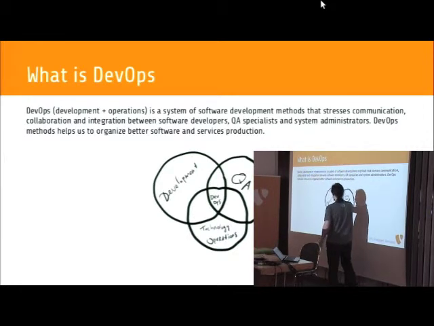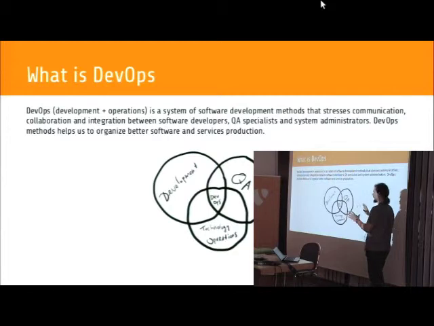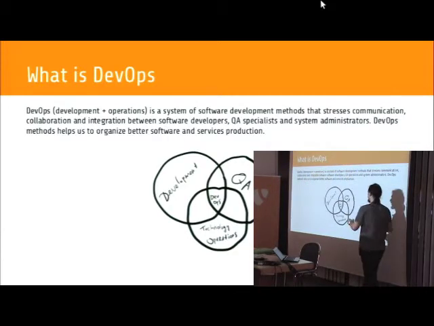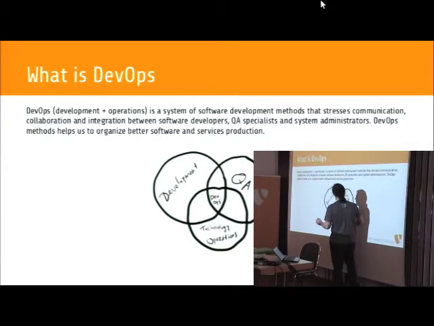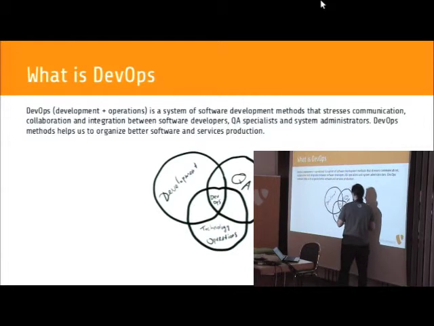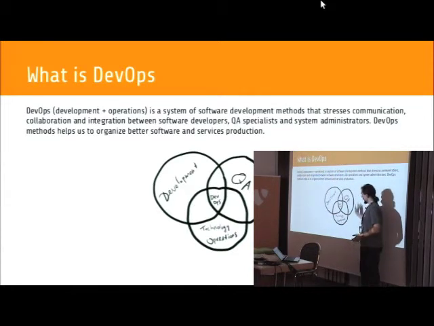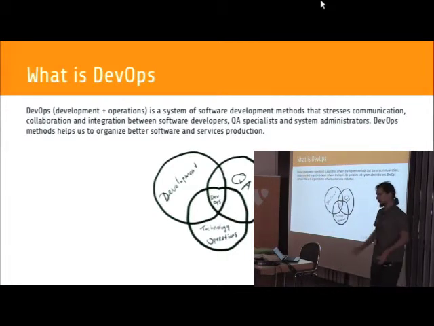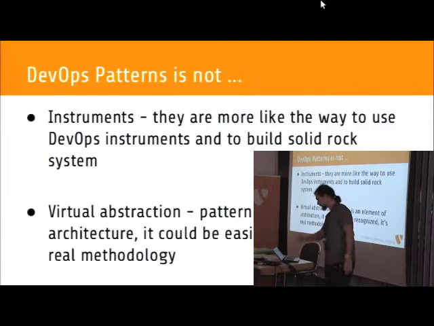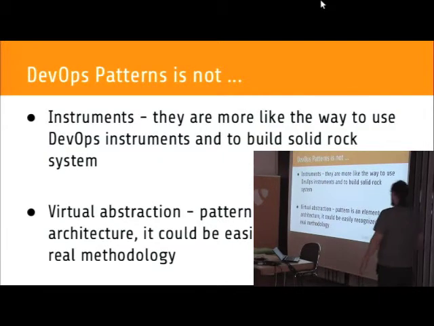It's the central part, which is the toughest. Because if we put it away, we will see that there is no connection between some parts of the team of our project. Our project will be incomplete. So let's see what is not a DevOps pattern.